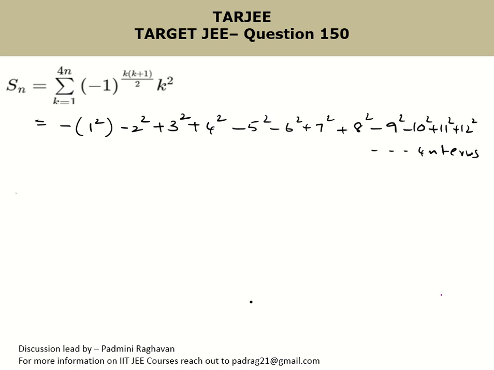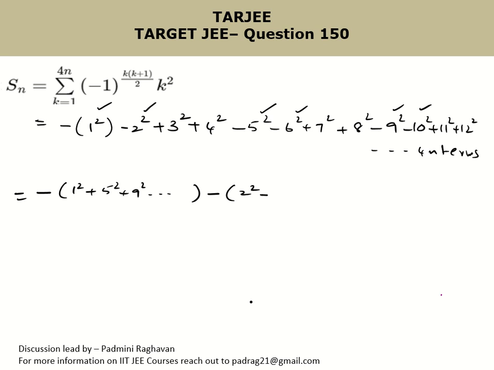Now let us try to segregate the terms based on their behavior. First we will group 1 square, 5 square, 9 square, because the bases are in an AP. We'll pull out a minus sign. We get 1 square plus 5 square plus 9 square, etc. These are n terms. In the second bracket we put 2 square, 6 square, 10 square with a minus sign.